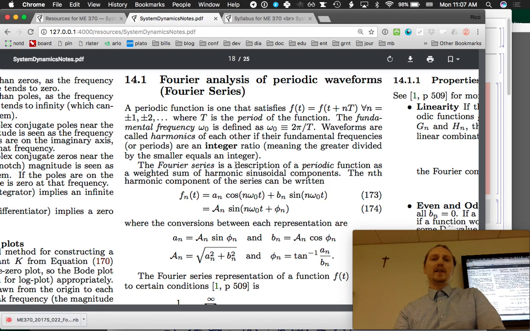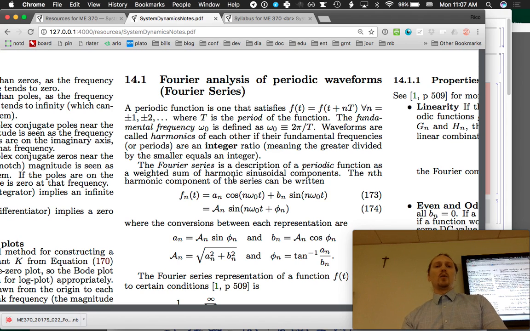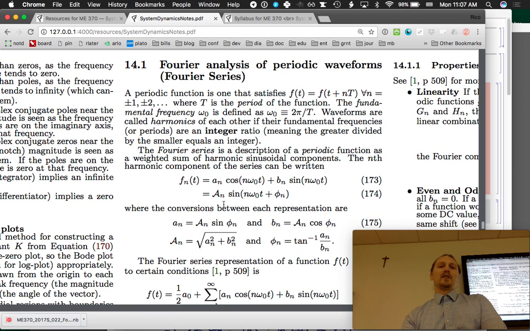The Fourier series is a description of a periodic function as a weighted sum of harmonic sinusoidal components. Okay? The nth harmonic component of the series, so say you have this series and they're all summed up, this is the nth term in the series. It's some coefficient times cosine n omega naught t.